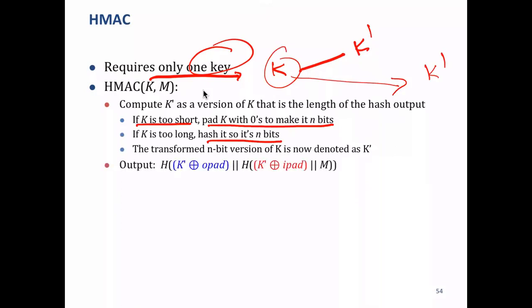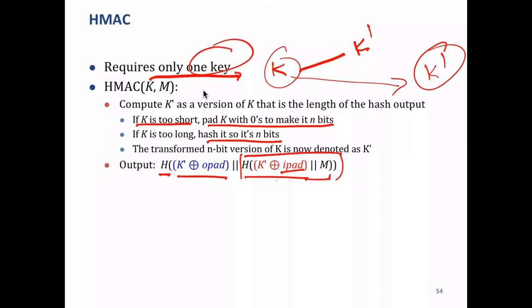All right, and then the output function is h of, these are 2 functions here, right? First is h, look at the second one. We look at k dash and exclusive OR with IPAD, the internal pad.